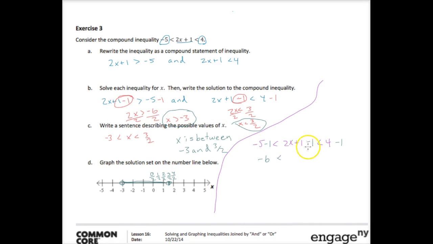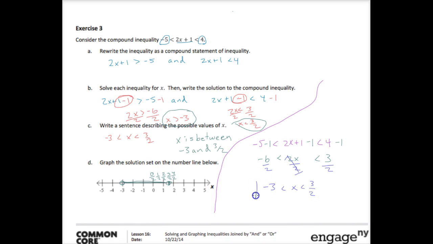And now we have a 0 pair, so 2x, and we have 3. And now to isolate that x, all I need to do is divide by 2, 2, and 2. And I can see that -6 divided by 2 is -3, less than x less than 3/2.